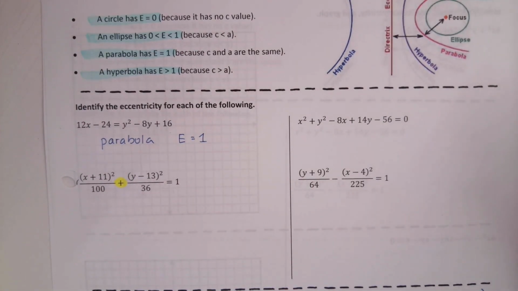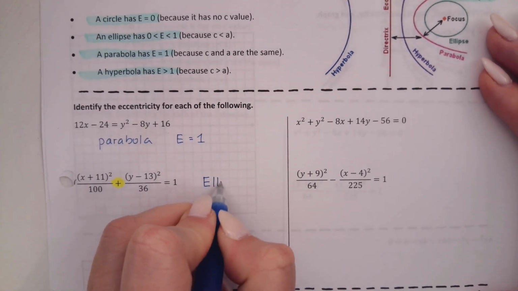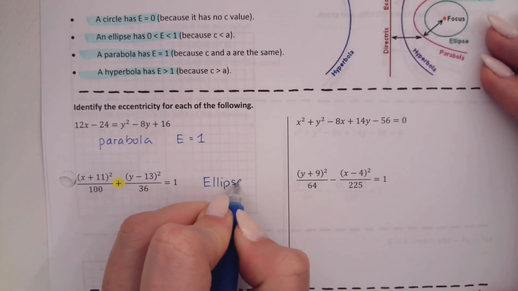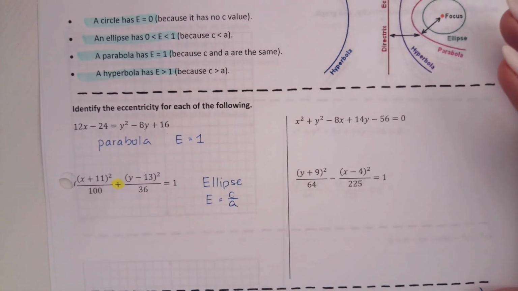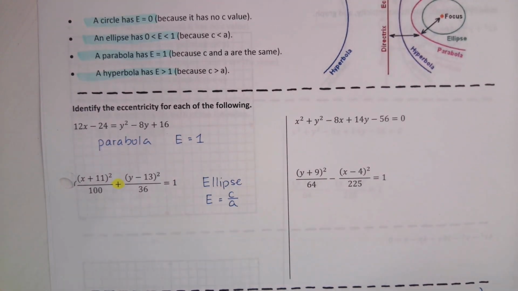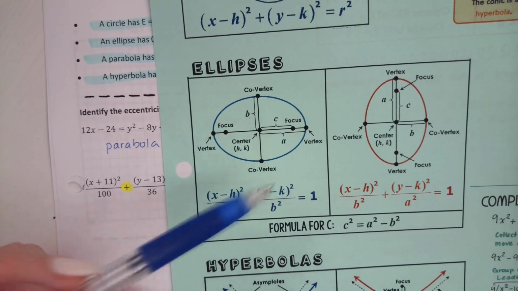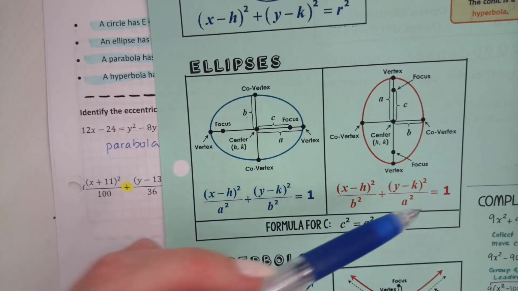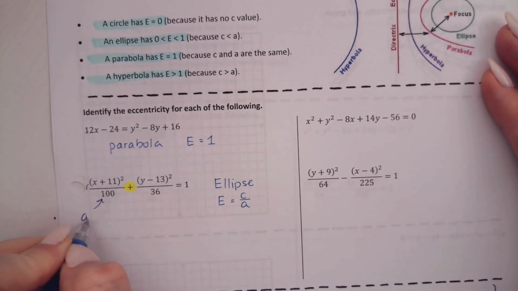So for this one, it is an ellipse, which means we'll have to calculate the eccentricity. E is going to be C over A. And if we go back to our formula, A is always the larger of the two denominators. So looking at my two denominators, this is my A squared.